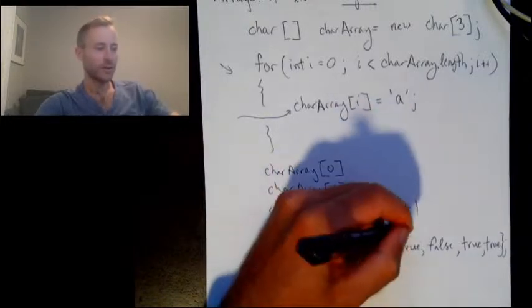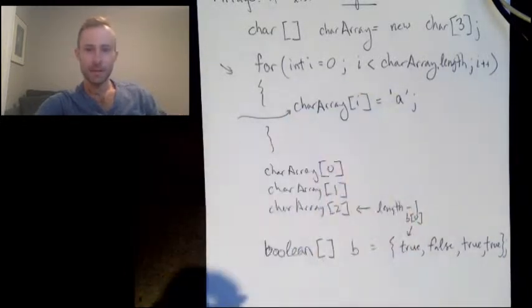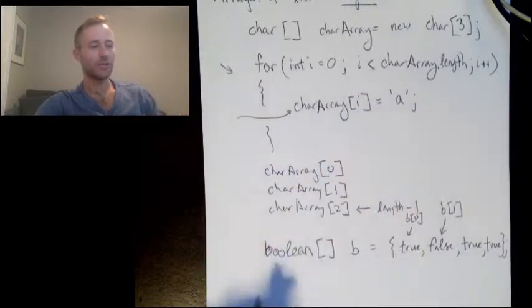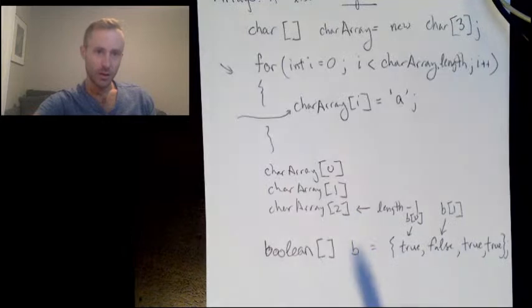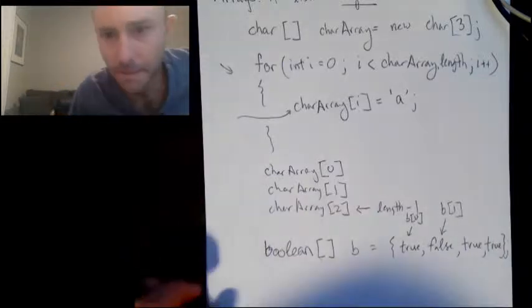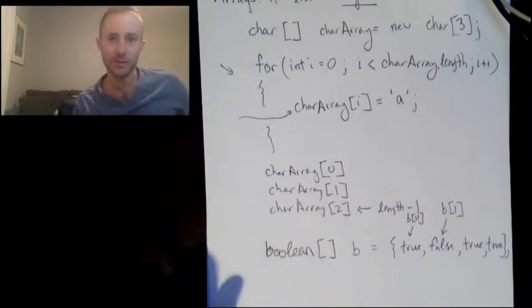So this is b0. This is b1, etc. Okay, so that's the second way that you can initialize an array.